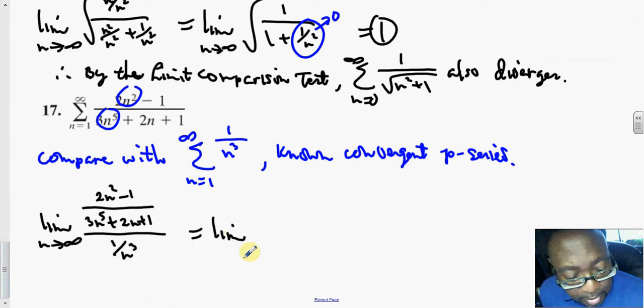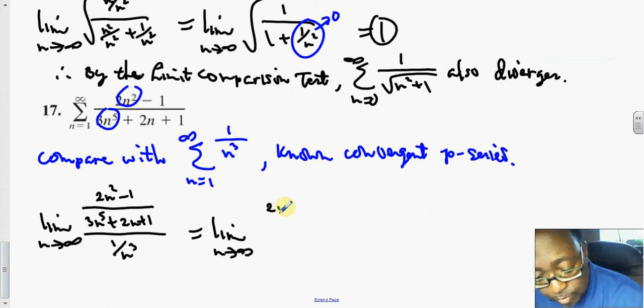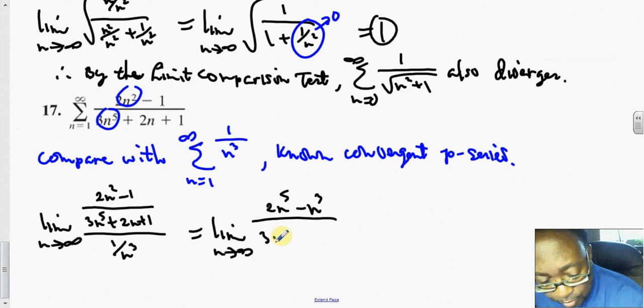This is the limit as n goes to infinity of, this n to the 3rd is multiplied times the numerator, so it's 2n to the 5th minus n to the 3rd, all over 3n to the 5th plus 2n plus 1.